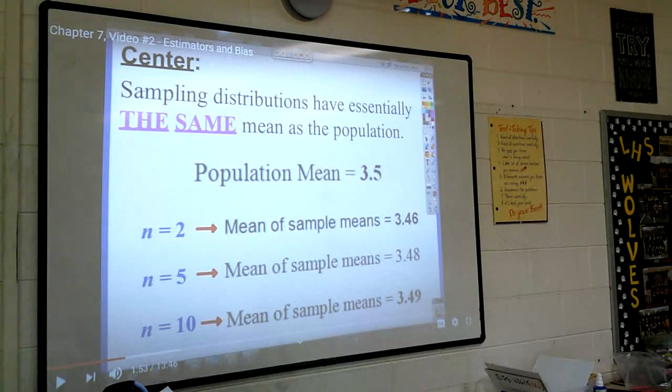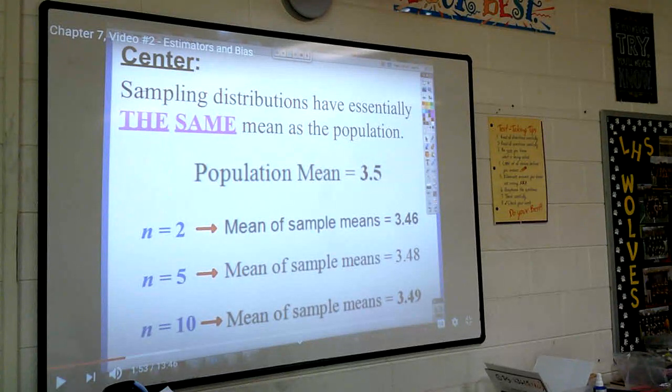That's the real average. If we roll the die twice and we take everybody's average from 2 rolls, we get 3.46, they're saying. If you roll the die 5 times and we take the average of everybody's 5 rolls, we get 3.48. If we roll the die 10 times and we take the average of everybody's 10 rolls, we get 3.49.